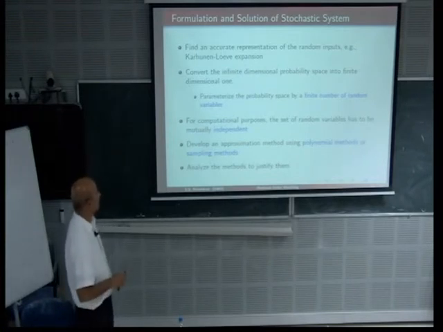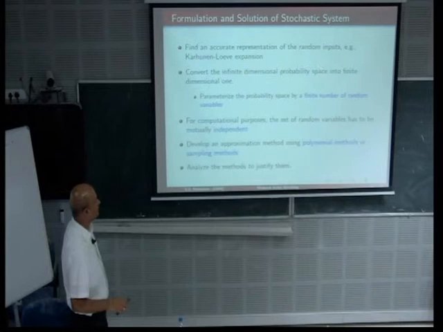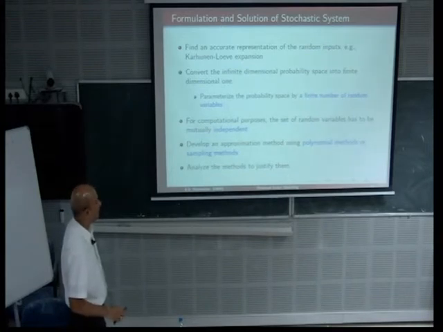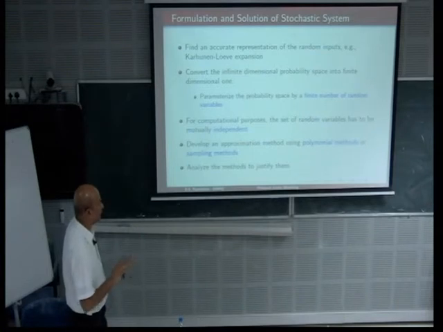So we have to convert the infinite dimensional probability space into a finite dimensional one. So we have to do parameterization of the probability space by a finite number of random variables. The finiteness is important because we are thinking of computing, right, in the computer. So we have to come up with a finite number of random variable representation of all the inputs, random parameters and random fields.